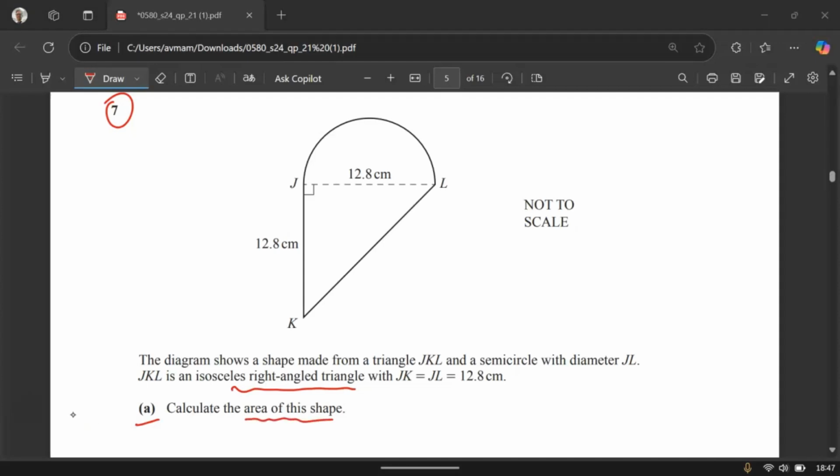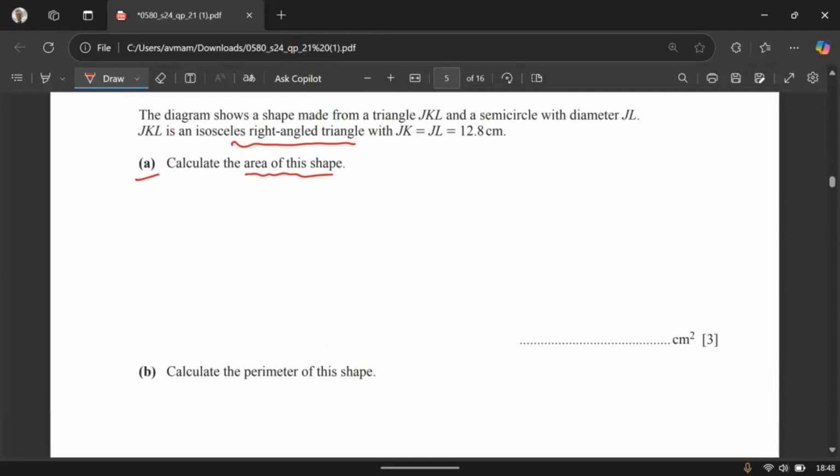To find the area of this shape, we need to find the area of this right-angled triangle and then the area of the semicircle. So let's say this is A and this is B. So area of A, since it is a triangle, we can use half times base times height.